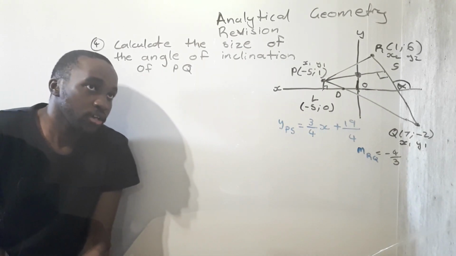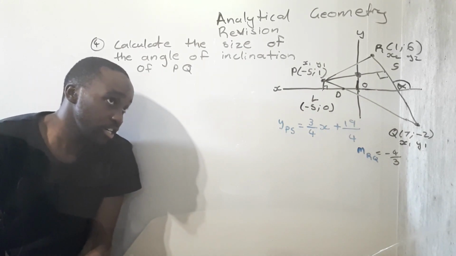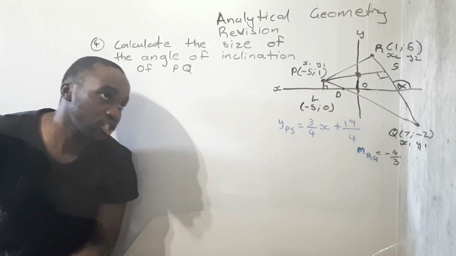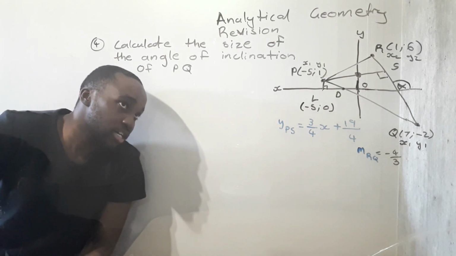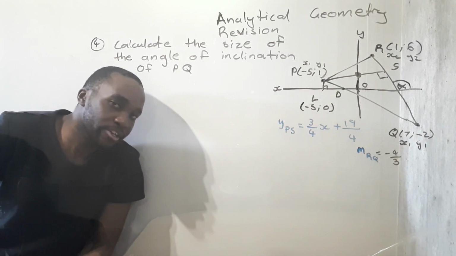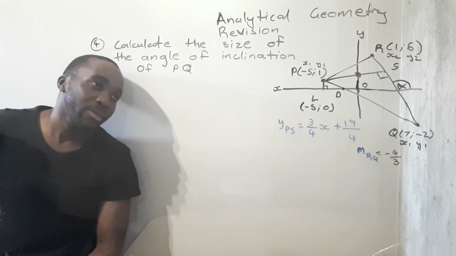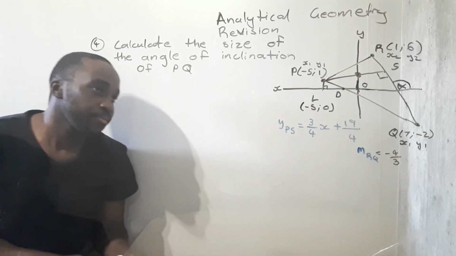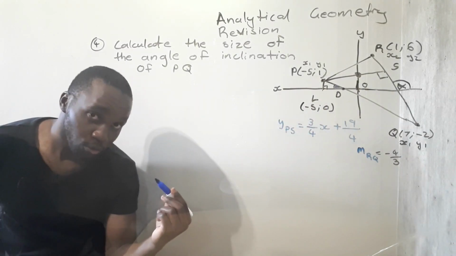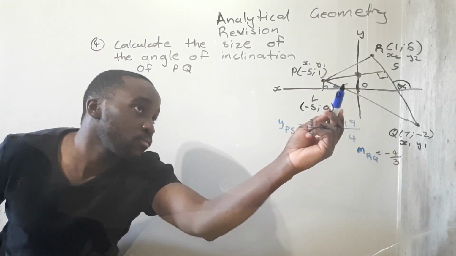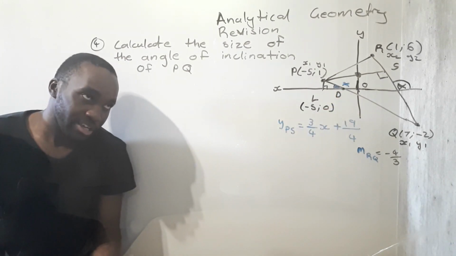So a fourth exam style question that they can ask in relation to this sketch is they could easily ask us to get the angle of inclination of PQ. The one question that may come to mind is, do they mean that portion of PQ or that portion of PQ?